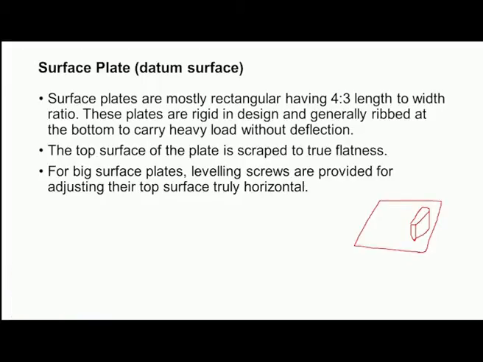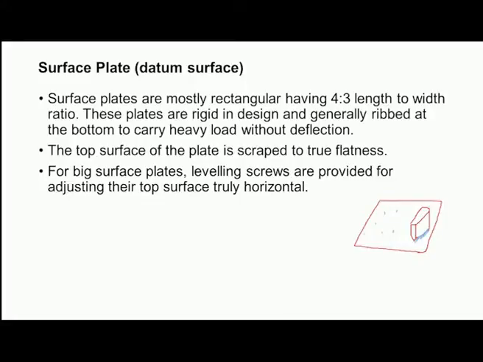Prussian blue can be applied to this knife edge, and then the straight edge is moved along the surface of the surface plate. Wherever there are top peak points, Prussian blue gets adhered to the peaks, and then those peaks can be removed by scraping operations. Like this, we should scrape the surface so that it is made flat.